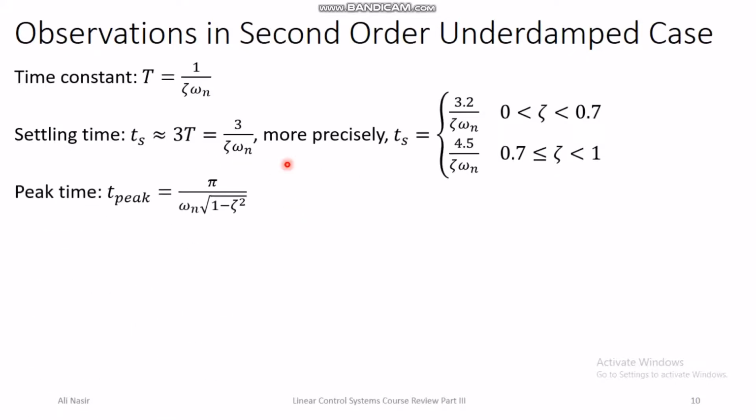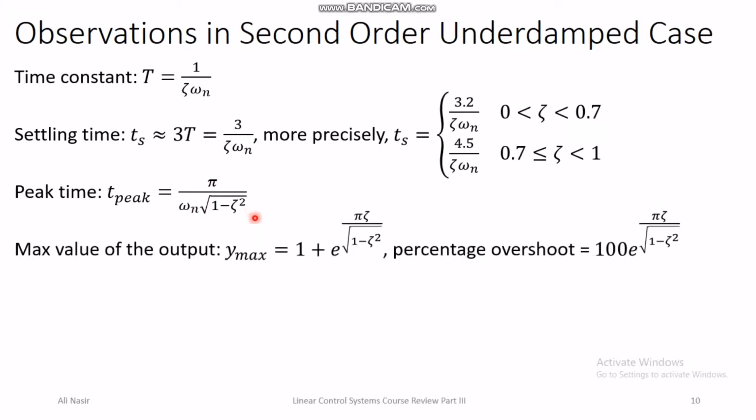Then there is the time to reach the peak value, or time to reach the maximum value, which is given by pi over omega n times the square root of 1 minus zeta square. Similarly, the corresponding maximum value at this time instant is given by y max, which is 1 plus e to the power of minus pi zeta over the square root of 1 minus zeta square.